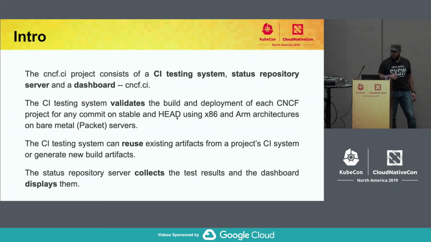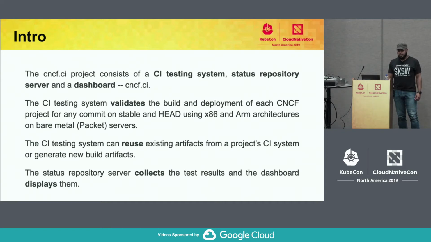So we have CNCF CI. The project consists of the CI testing system, the status repository, and then the dashboard. The CI testing system validates the build and deployment phase for the CNCF projects for any commit on stable or head, and for different architectures such as x86 and ARM, and we do that in a neutral environment on bare metal Packet, which happens to be the bare metal provider.